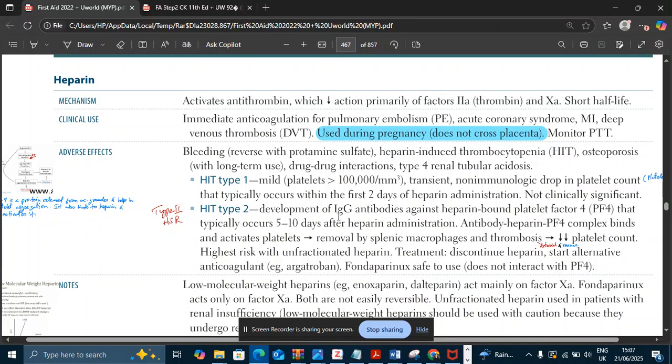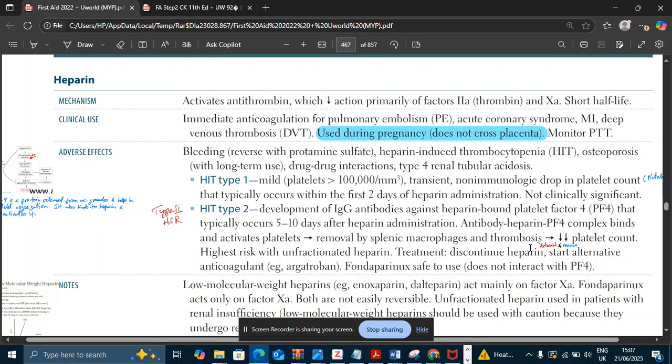Let's read it here. The development of IgG antibodies against heparin bound platelet factor 4 typically occurs 5 to 10 days after heparin administration. It can happen earlier if the patient has a prior history of heparin administration. That antibody heparin platelet factor complex binds and activates platelets, leading to removal by splenic macrophages and thrombosis.